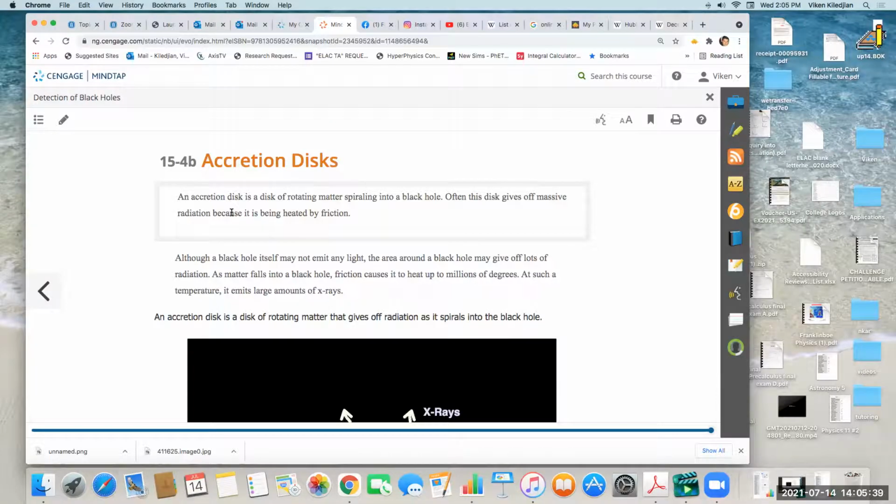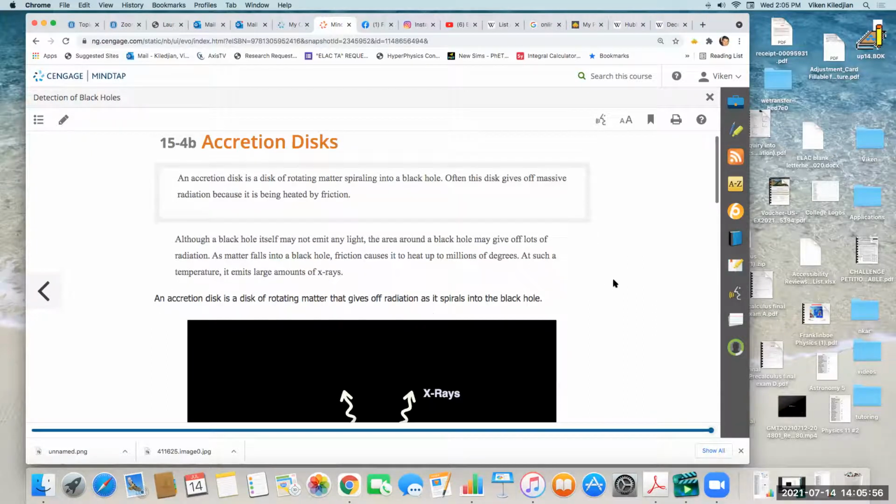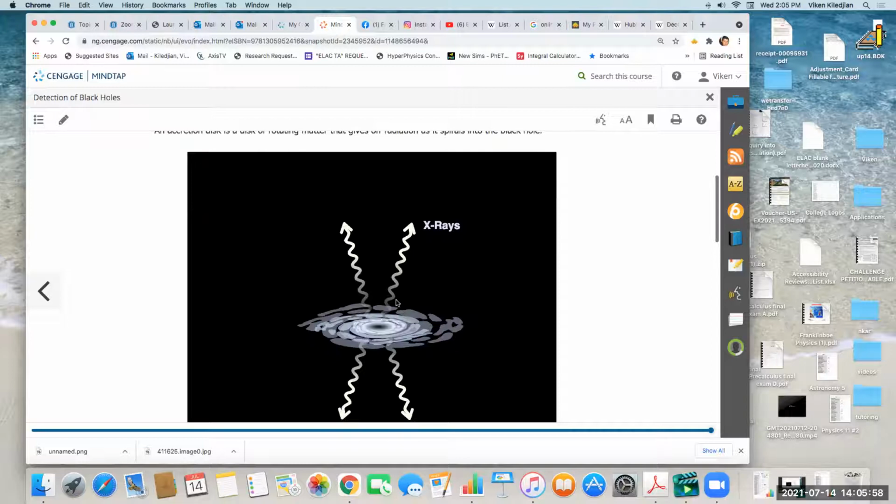Although a black hole itself may not emit any light, the area around the black hole may give off lots of radiation. As matter falls into a black hole, friction causes it to heat up to millions of degrees. And at such temperatures, it emits large amounts of X-rays. You see there?